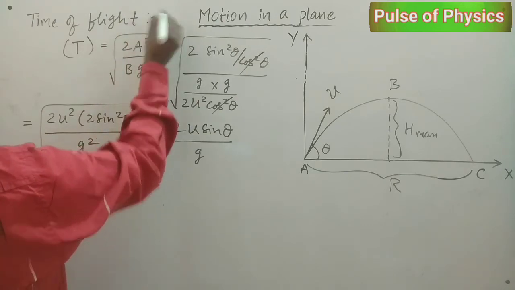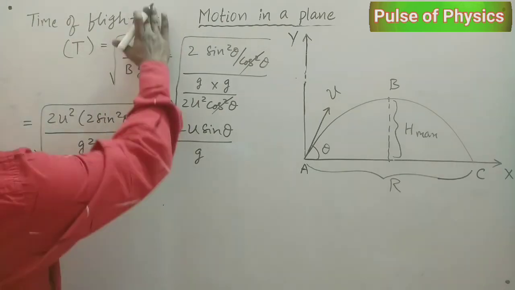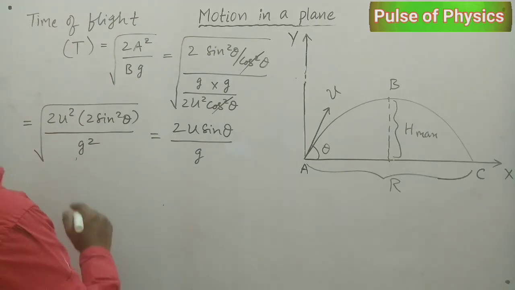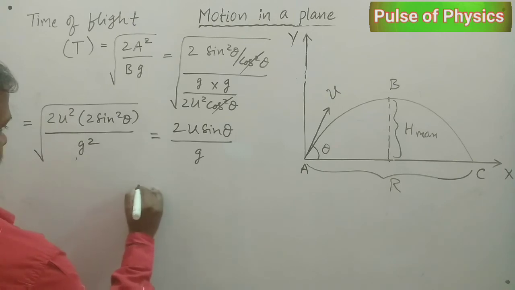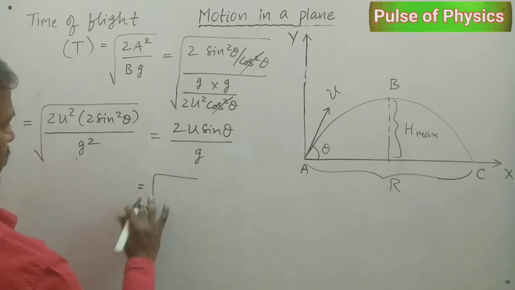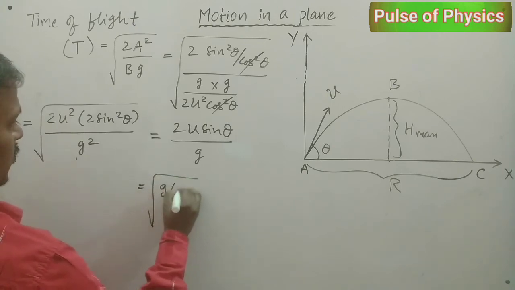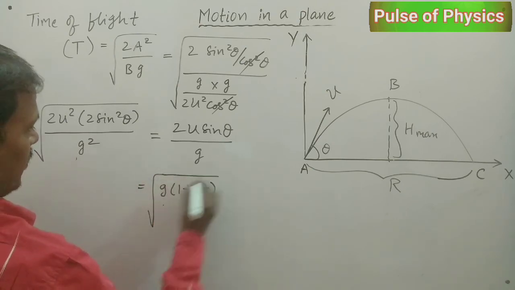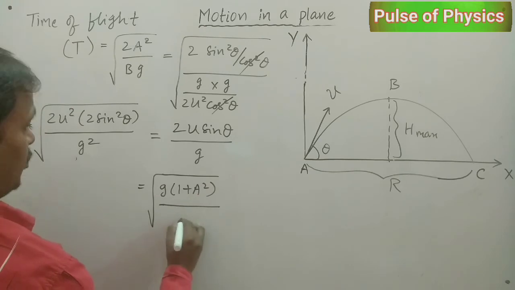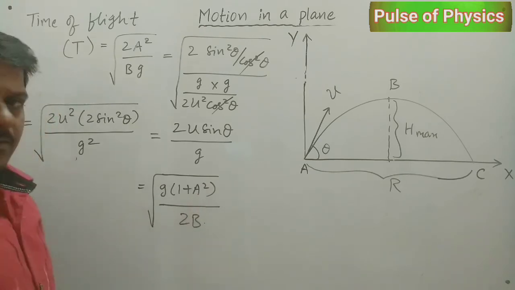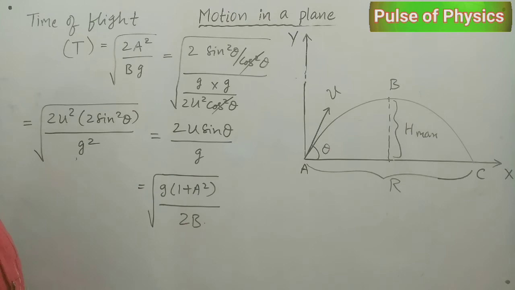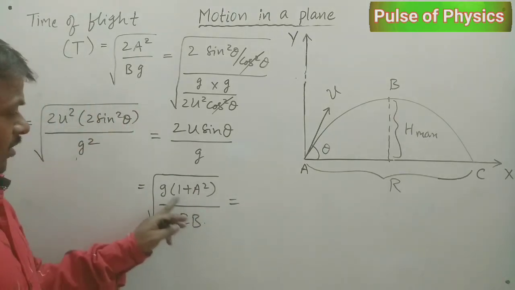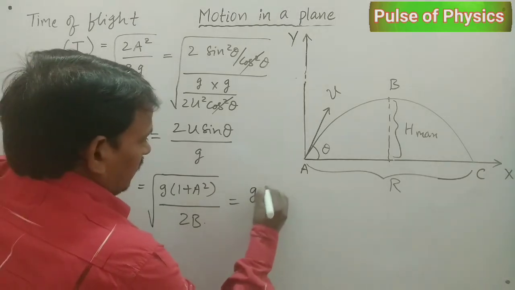Okay. Next, one more thing: root G into 1 plus A square by 2B. Simplify: G into 1 plus A square.